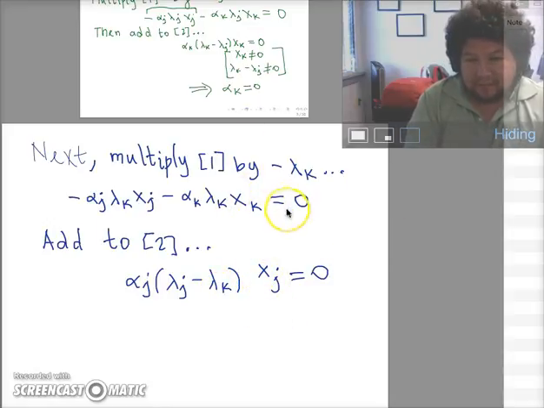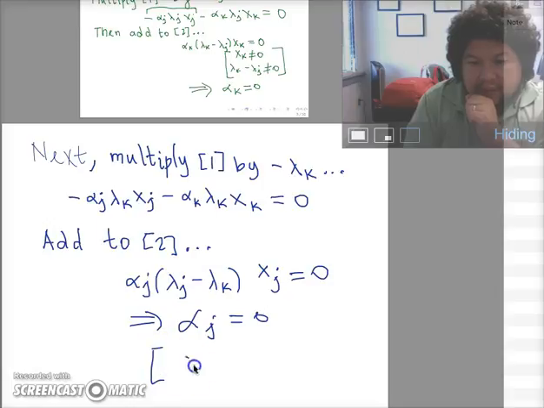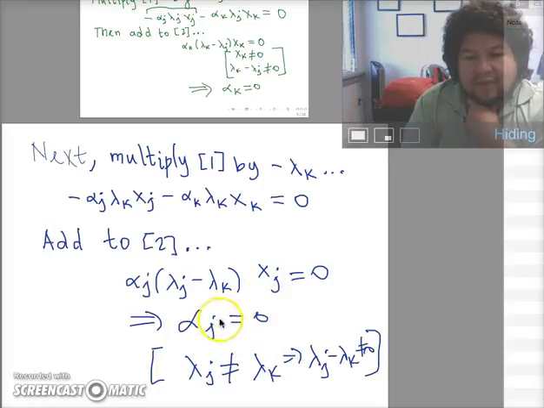There are things that cancel out here, and similarly as before, this implies that alpha sub j equals 0, precisely because we were assuming that lambda j is not equal to lambda k, which means that the difference of these two is not 0. We're also assuming that vector is not a trivial vector, and therefore the scalar alpha j has to be 0 to make this vector equation true.